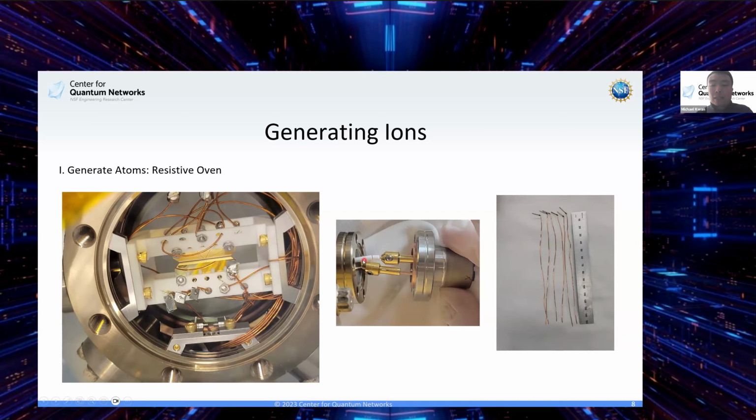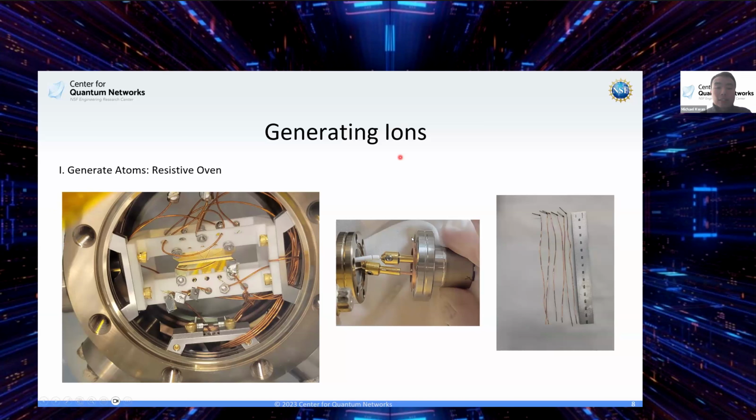A current supply is attached to the outside of the feed-through to a corresponding pin to supply several amps of current to the oven. The tip of the oven is usually about 10 to 20 millimeters away from and directed at the trapping region. With this method, the center of mass speed of this sublimated plume is around 300 meters per second.